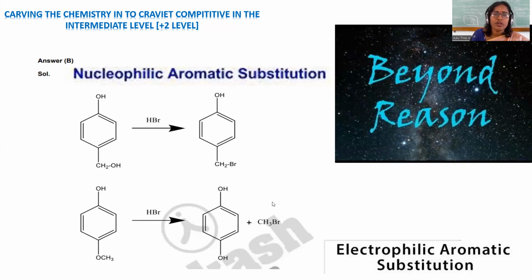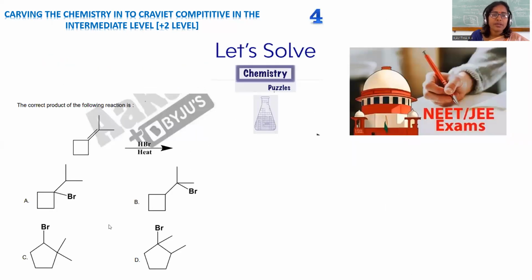Let's move on to question number 4. In question number 4, again it is part of organic chemistry. The correct product of the following reaction: here this is a cyclobutane ring with a double bond, and here we have, sorry, a propyl chain. We have a 3 carbon chain joined with the cyclobutane with the double bond.